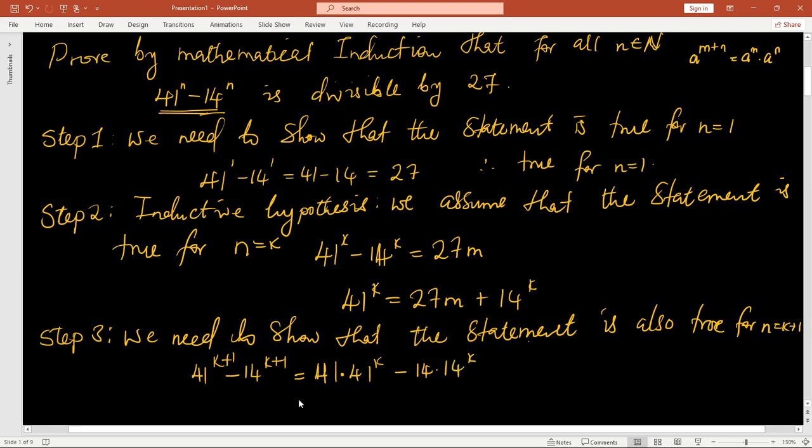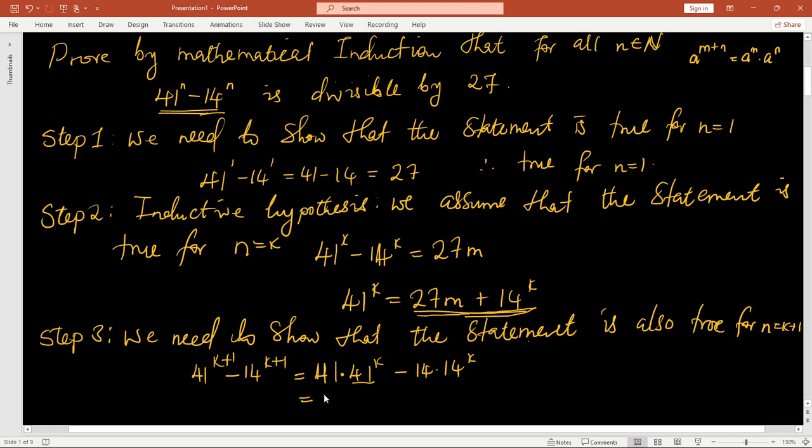Now, where there's 41 to the power k, remember in the inductive hypothesis we have 41 to the power k is equal to 27m plus 14 to the power k. So where there's 41 to the power k, we can substitute with the expression under the inductive hypothesis.